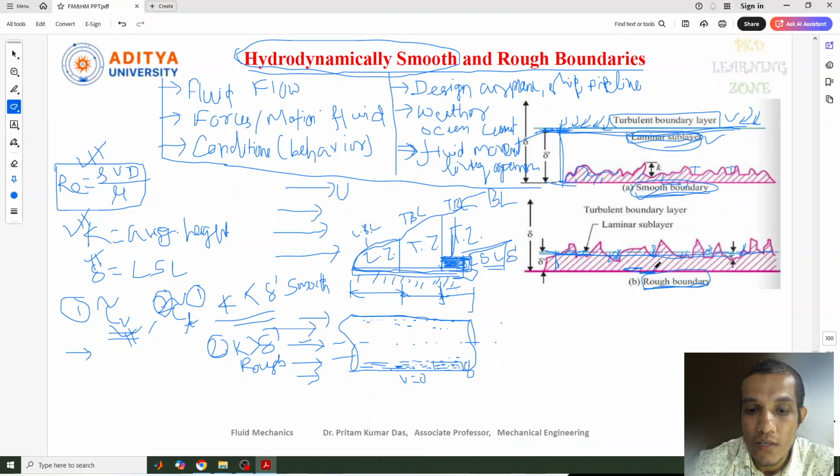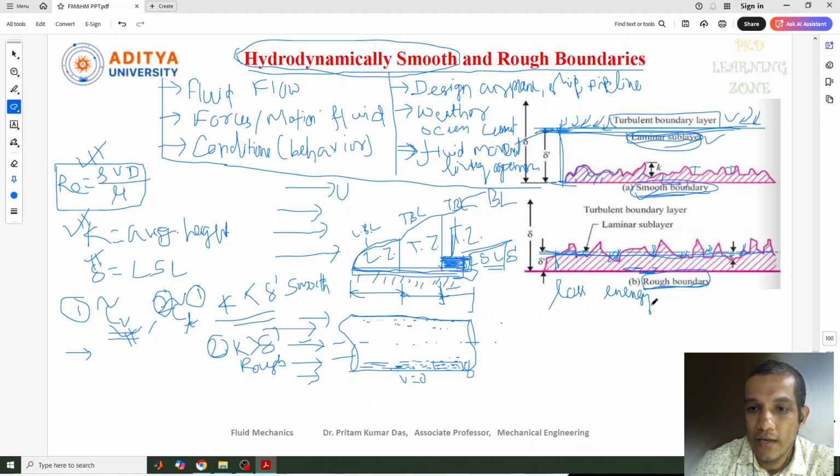Due to that, losses of energy will happen, lots of energy is going to be lost here. And this boundary layer is called a hydrodynamically rough boundary. I hope you understand this concept.